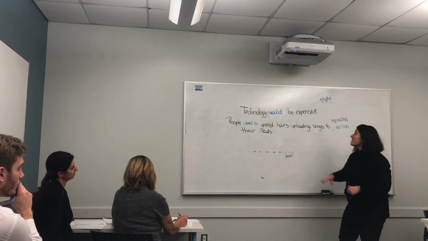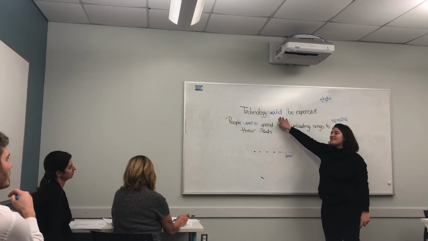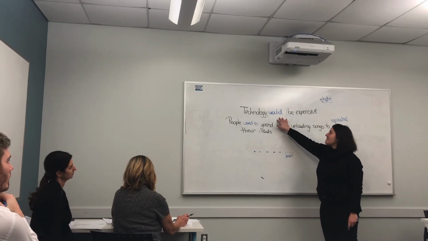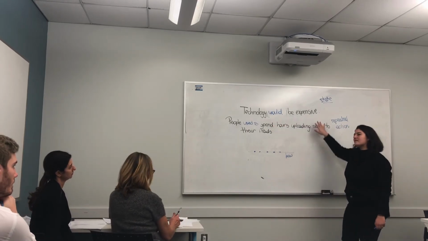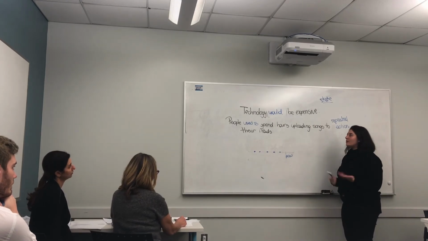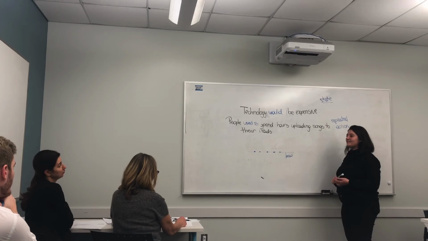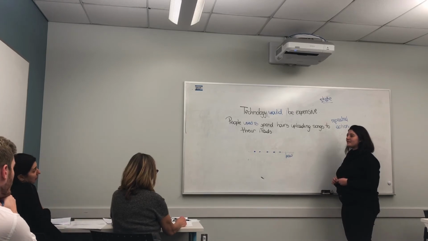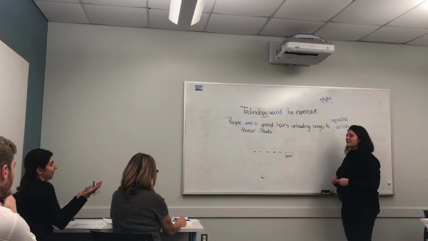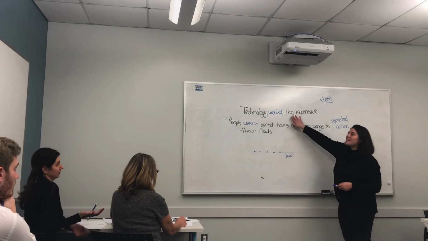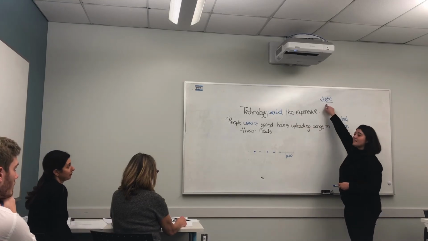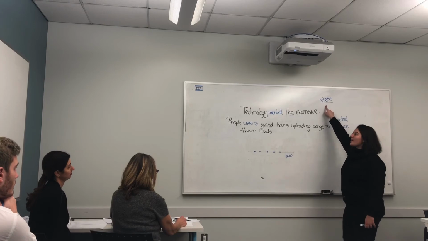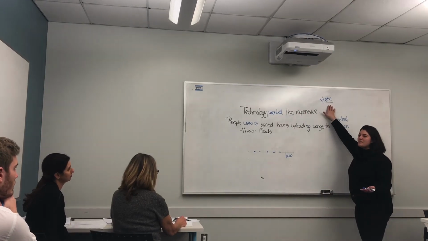So when I say technology would be expensive, is it the same as if I said technology used to be expensive? No. Why? Used to is in the past and technology would be expensive would be just a fact that it's expensive. So technology being expensive is a state. So can we use would with states? No.